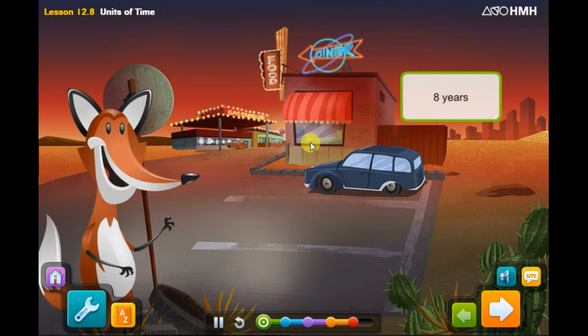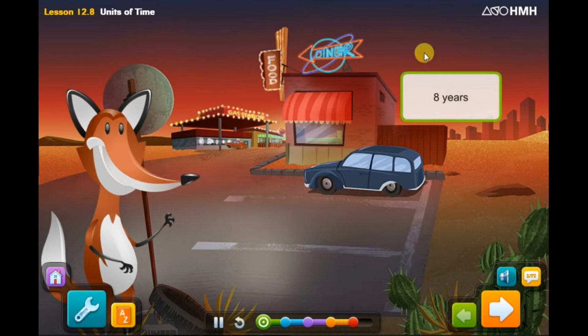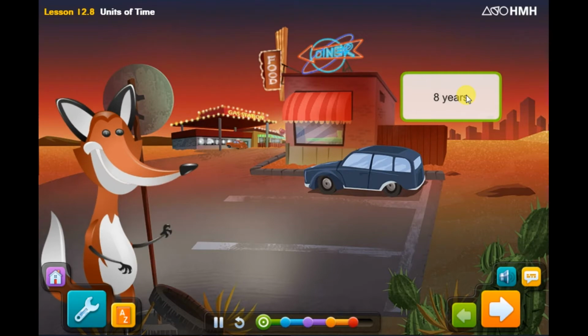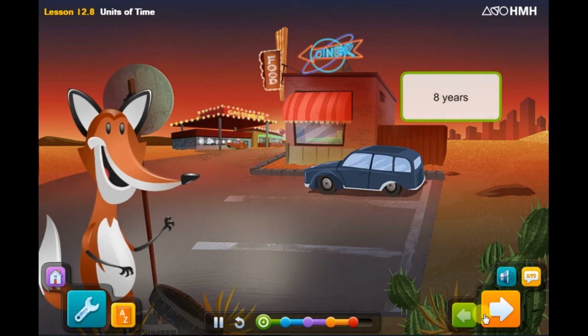The baker is making 1 muffin for each month that the diner has been open. I wonder how many months there are in 8 years. Let's see. Is there a way we can use a model to compare units of time? Come on, let's go find out.